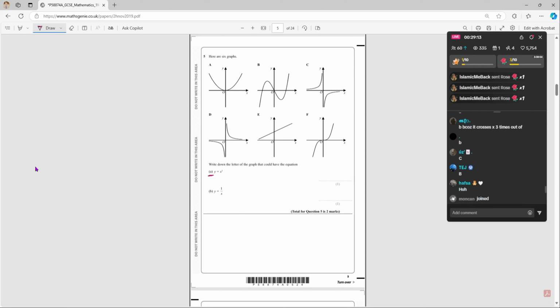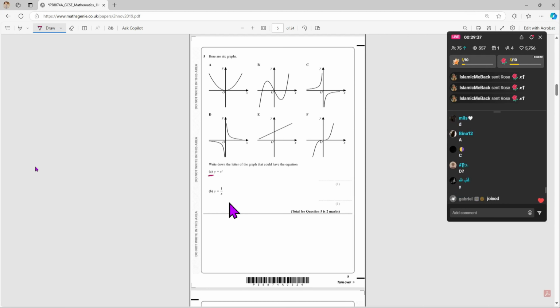I'm getting lots of answers. I'm going to wait 5 more seconds. 5, 4, 3. I don't think anyone has got the answer correct yet. It's a cubic.